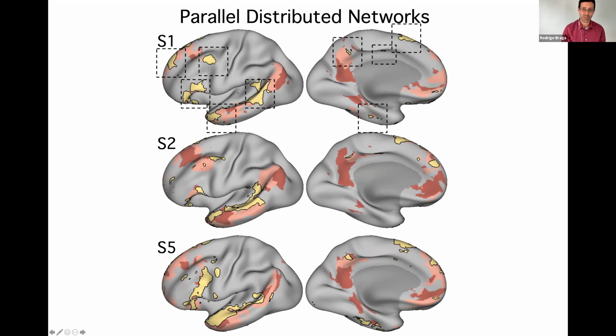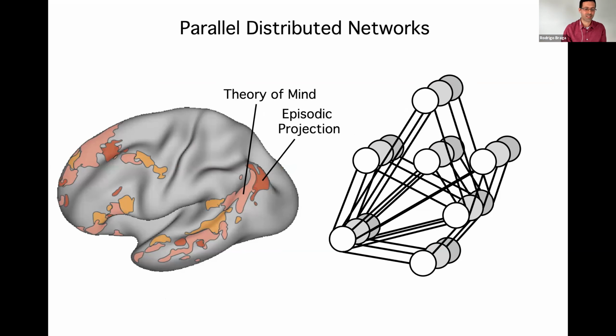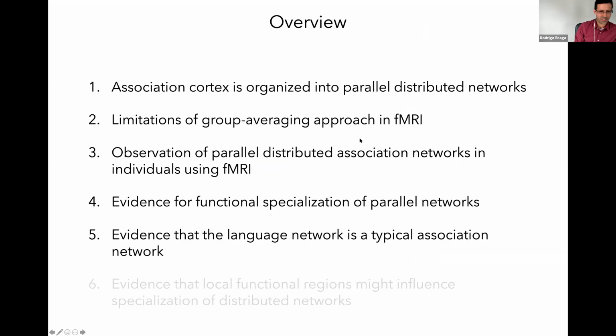Not only that, but you can often see these sequences from yellow to pink to red, yellow to pink to red, yellow to pink to red, that occur in multiple parts of the brain. So it seems that this candidate language network is also another example of this parallel distributed network that just occupies slightly different regions. So I've just shown you evidence that the language network is a typical association network.